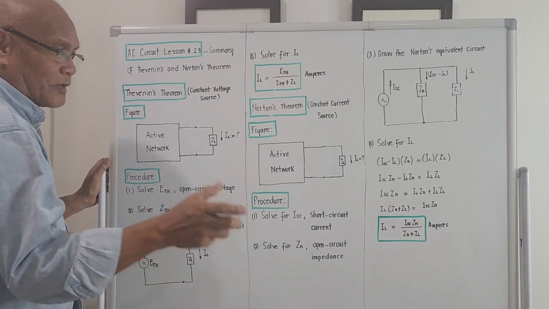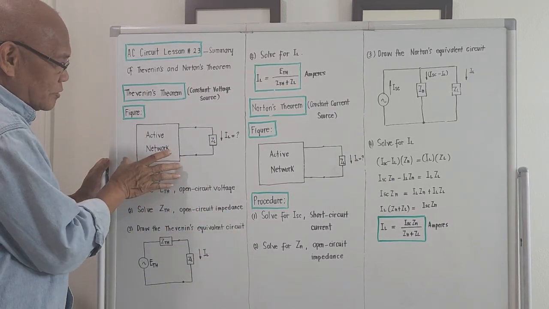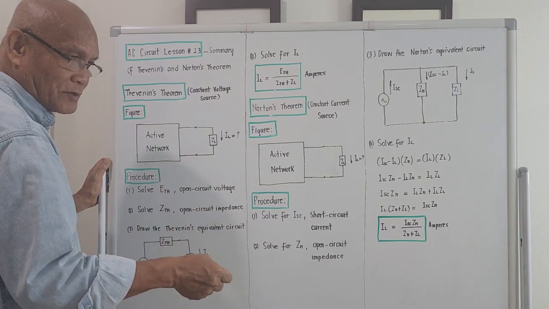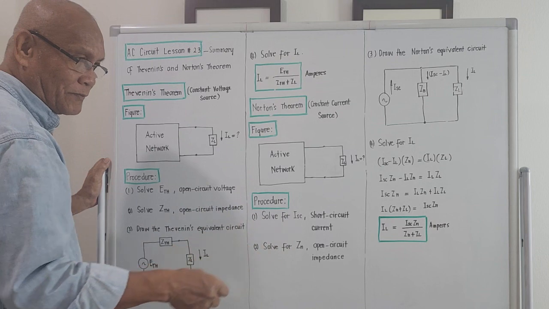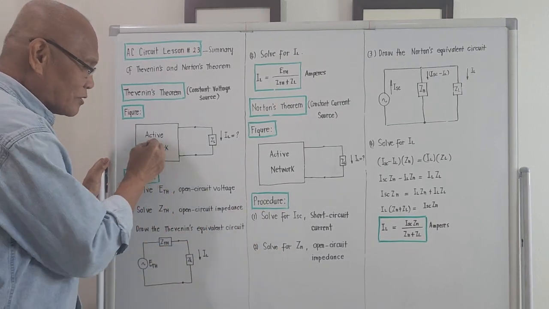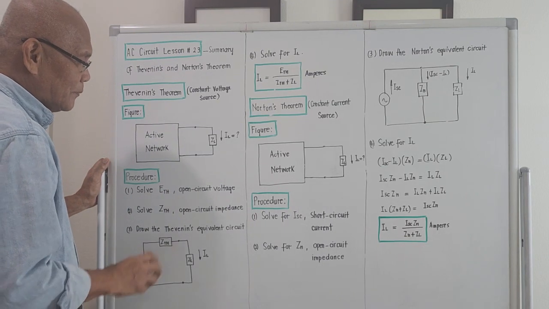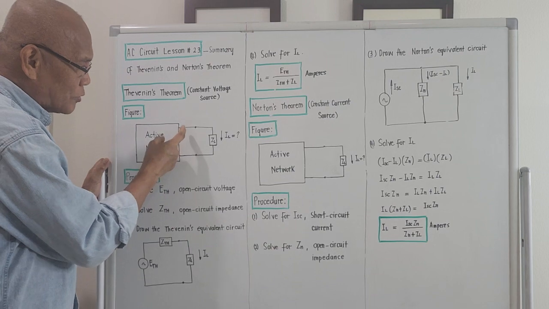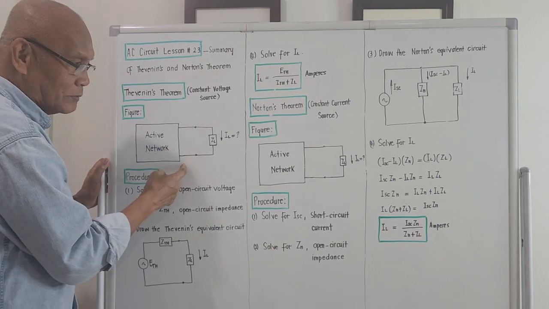Okay, let's try to bring out the figure. This is an active network. Active network contains impedances and voltage sources of EMF. It could generate its own power, so there's a power source inside. Across the terminals of that active network, of course there will be line number 1 and line number 2.